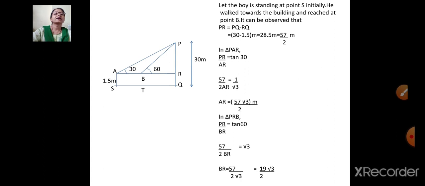Now let us explain this diagram in short. Let the boy be standing at point S initially. He walked towards the building and reached point B, and it can be observed that, see, the PR length is equal to PQ minus QR.